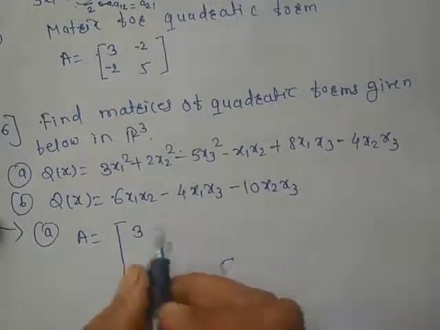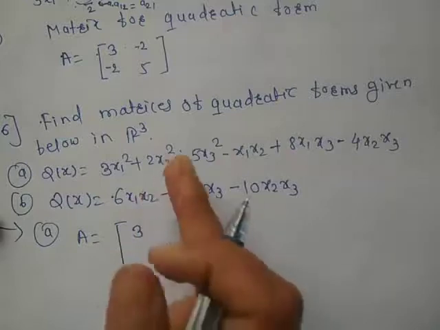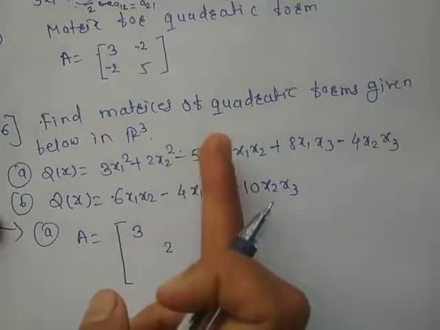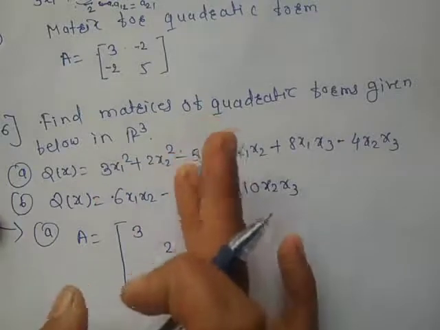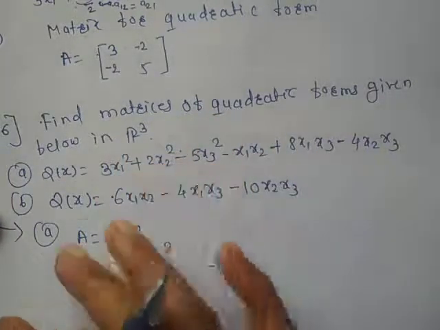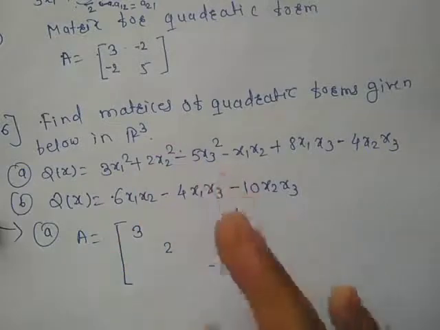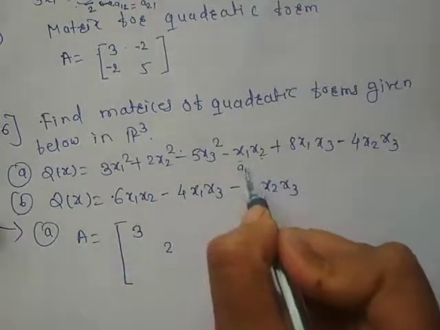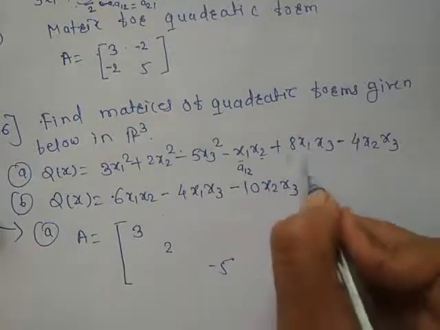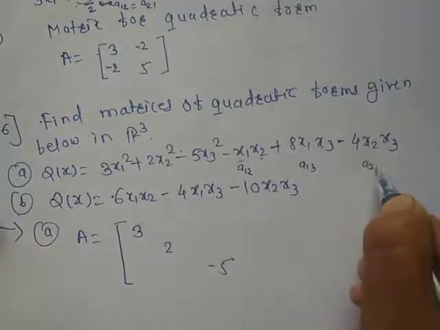Okay. To make it symmetric, the coefficient of xi xj must be evenly split between the ij-th and ji-th entries in A. So here these are A12, A13 and A23.